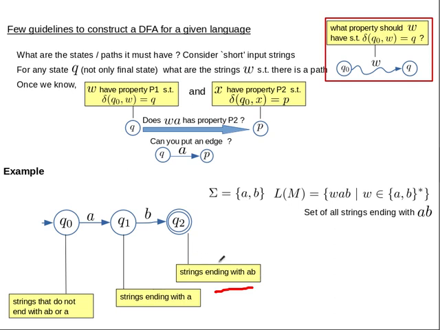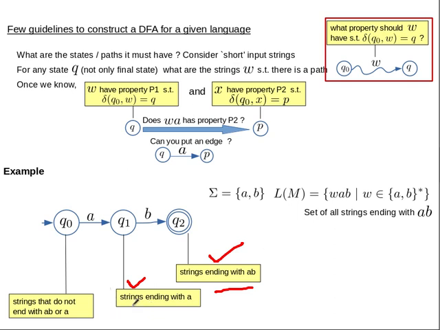Now if we fix on this thing, what are the strings that can lead me to this place? Then it follows that it will be strings which end with A, because then with B it can go here, which has this property. So you see I am addressing this issue: what property the strings should have, strings corresponding to a particular state, not just the final state.